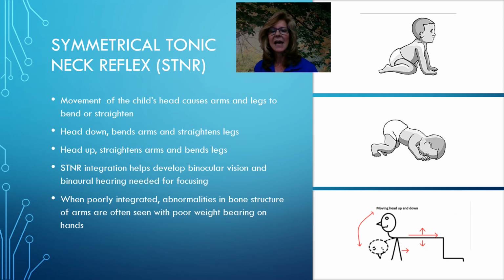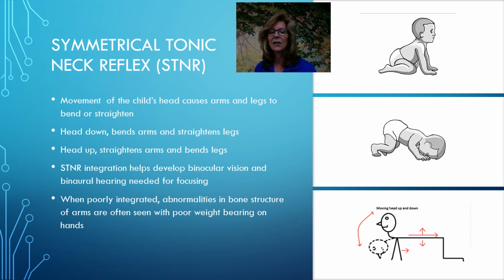When the head goes down, as you see in the middle picture, the arms bend and the legs straighten. And when the head goes up, as you see in the top picture to the right, the arms straighten and the legs bend. And so head movement in a vertical plane is directly linked to arm and leg movements.